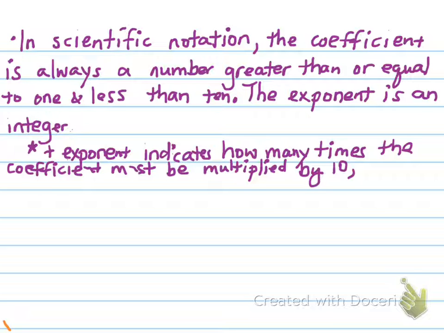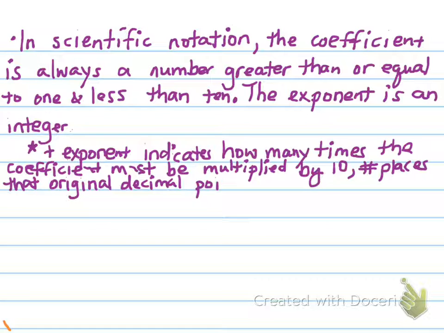The other way to think about it is that it is the number of places that the original decimal point has been moved to the left. Positive exponents, remember, we're talking about large numbers.